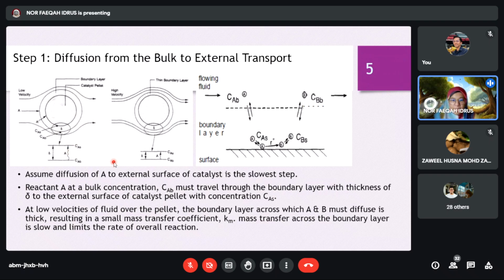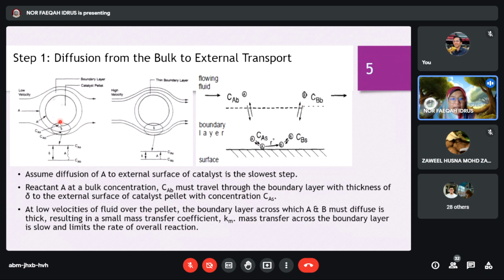The concentration of reactant at the bulk fluid is CAB, and the concentration at the surface of catalyst, we write it as CAS.